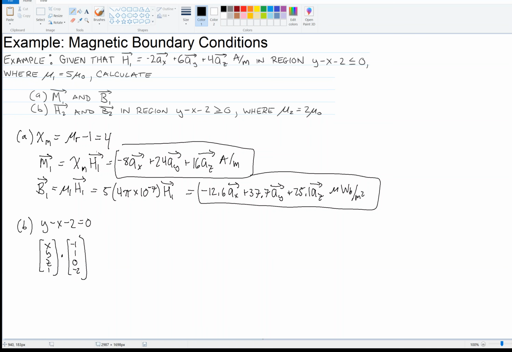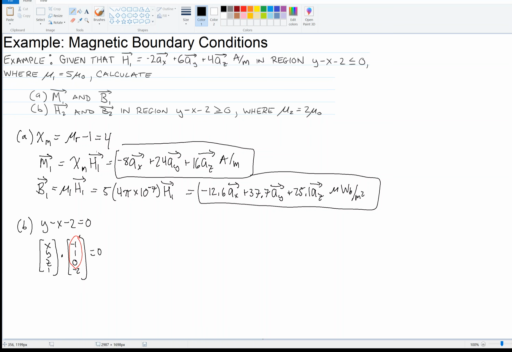And we look at these numbers here, and the idea is that the dot product is 0, right? So if you carry out this dot product, you've got x times -1 plus y times 1 plus z times 0 plus 1 times -2 equals 0. So this is the same equation there. But the idea with the dot product is if two vectors are dotted with each other and you get 0, then they're perpendicular.